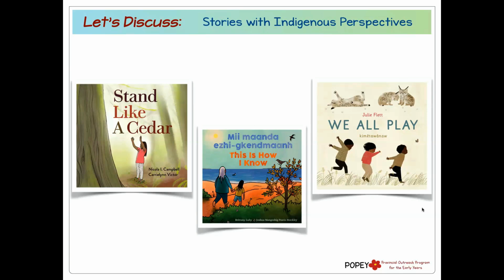So we're going to look at Stand Like a Cedar, which is another book by Nicola Campbell and illustrated by Carrie Lynn Victor. And then we will look at the bilingual This Is How I Know by Brittany Luby, and then We All Play by Julie Flett. The illustrations are really beautiful and powerful, and we invite you to see the common themes through the stories.